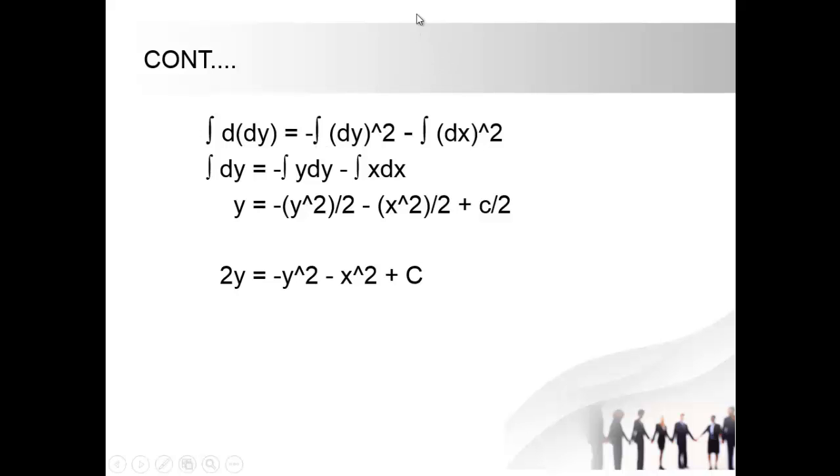Since 2 is a common denominator, we multiply both sides by 2 and transpose to the other side. This will result to 2y is equal to negative y squared minus x squared plus c. So the answer or the solution is y squared plus 2y plus x squared equals c, or c is equal to y squared plus 2y plus x squared.